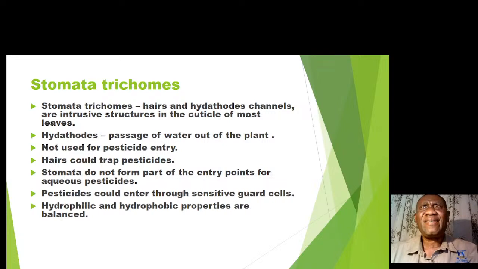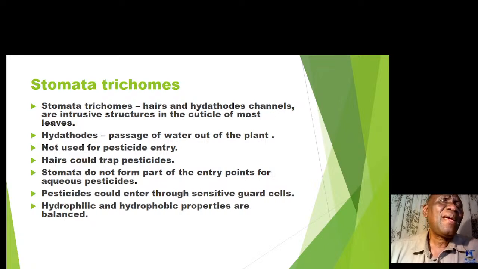Now on the plant we can have stomata, trichomes. These are structures on the plant. The trichomes are hairs, and hydathodes are channels. These are intrusive structures in the cuticle of most leaves. They can pass through the cuticle. Hydathodes are the passage of water out of the plant, and they may not be used by the pesticide to enter the living systems.